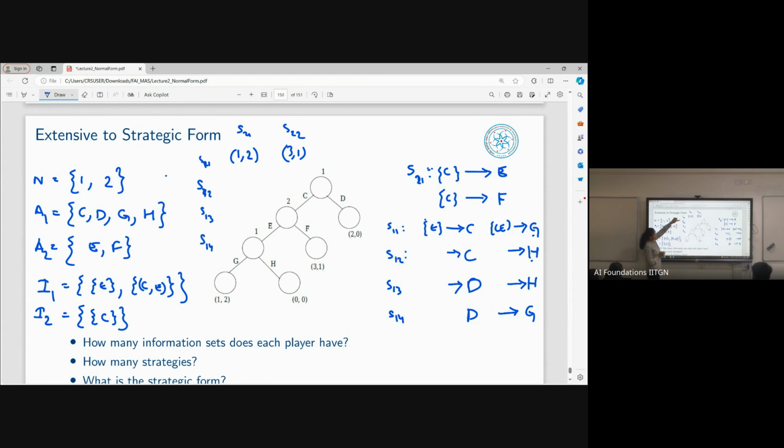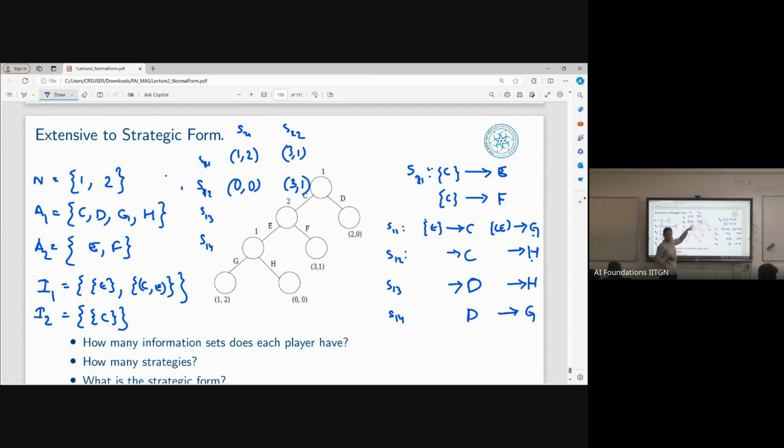Now, in this particular strategy, which is S12, player 1 is taking C first, and player 2 is taking S21 E, and then player 1 is taking H. So here it will be 0, 0. And whenever player 1 is taking C again, but now player 2 is taking F, so here it will be 3, 1.